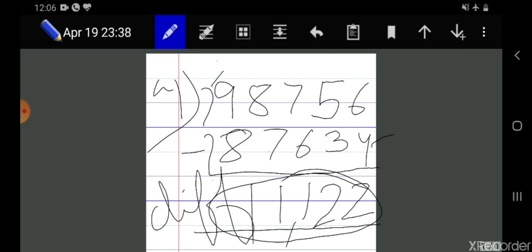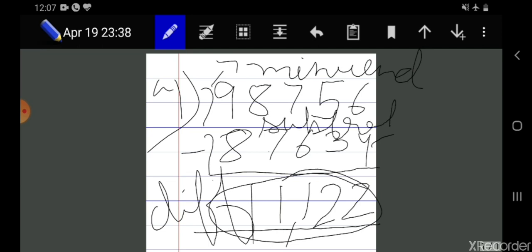So this 98,756 is the minuend, and this 87,634 is the subtrahend. Okay, the bigger number is the minuend and the smaller number is the subtrahend.